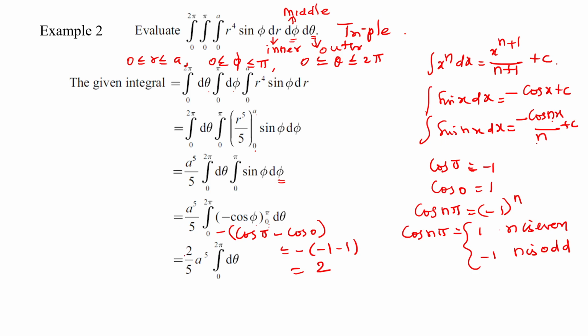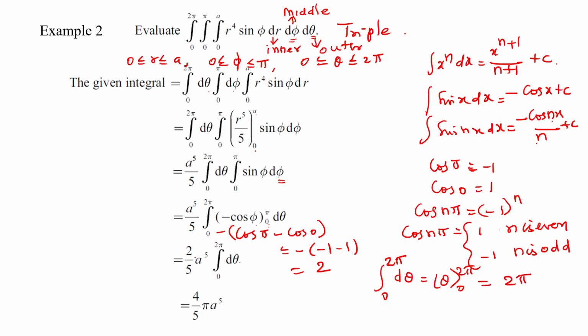Already a power 5 is there, therefore we take the 2 outside, so 2 a power 5 integral 0 to 2 pi d theta. Now simply you have to integrate with respect to theta. The integration of 0 to 2 pi d theta is theta from 0 to 2 pi. So you will get the 2 pi here.